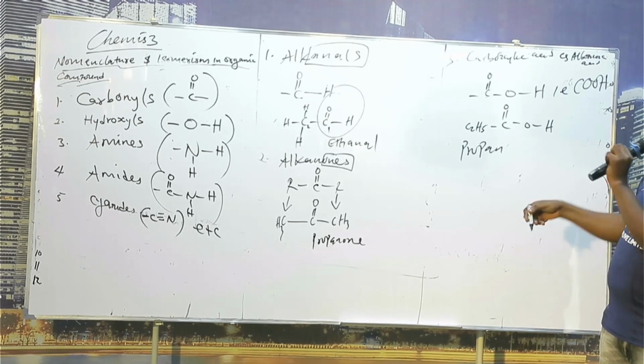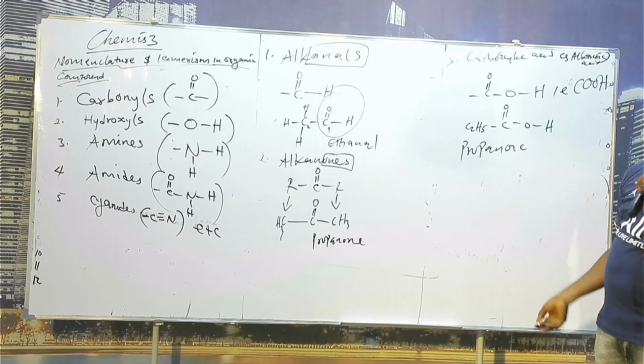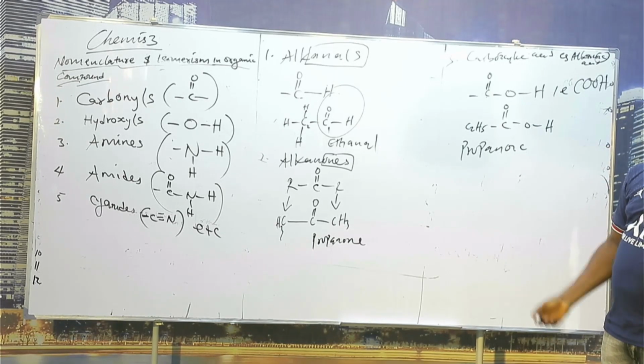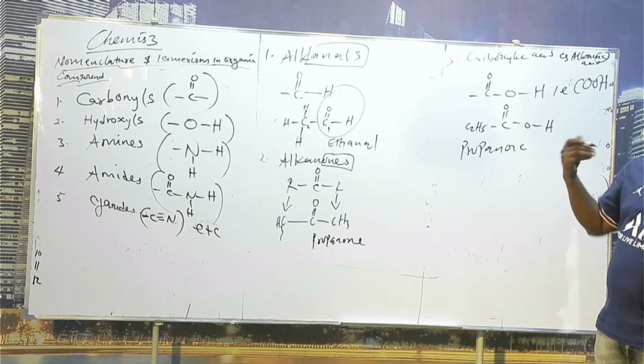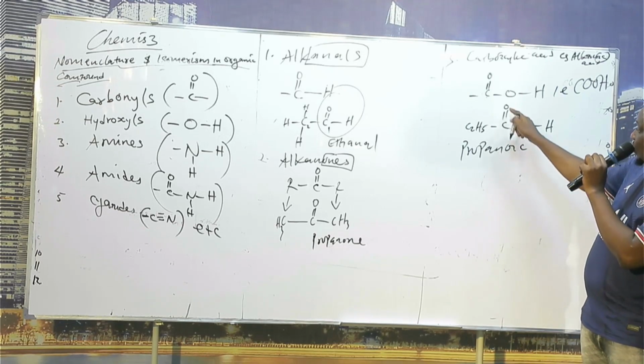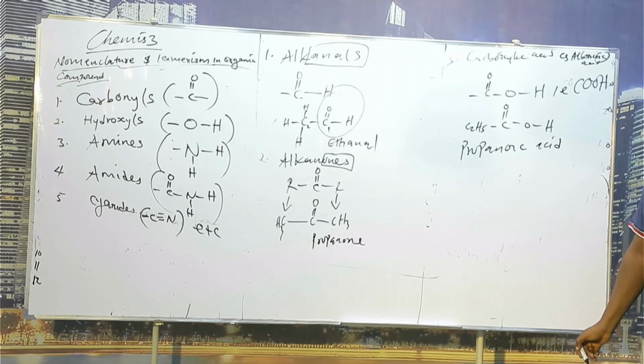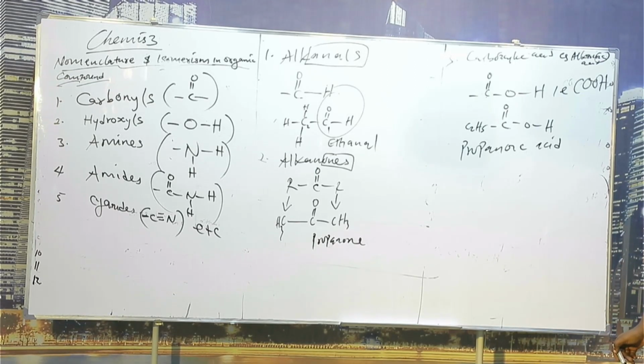Then put the last ending there, which is oic. So this is propanoic. The suffix or ending of alkanoic acid is oic. Don't forget that because you have seen COOH. This is propanoic acid. Are you following?